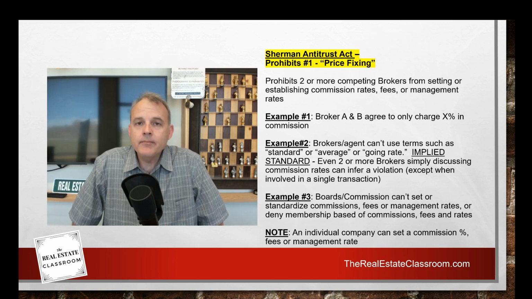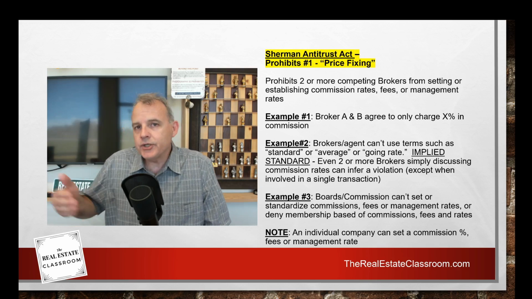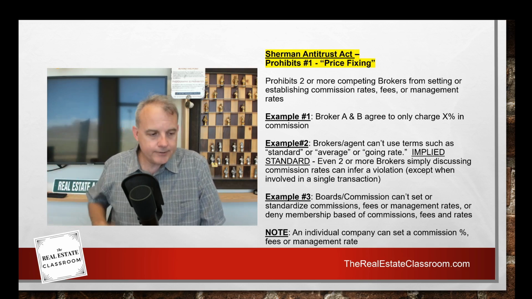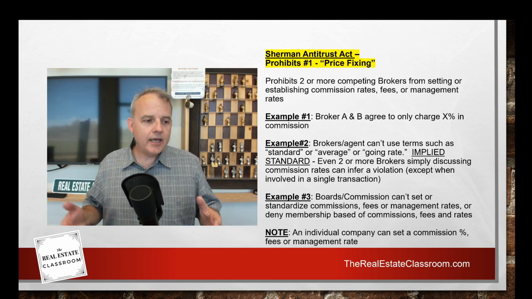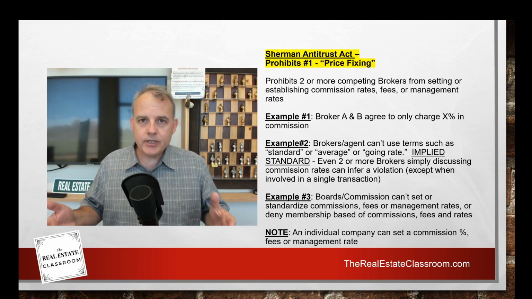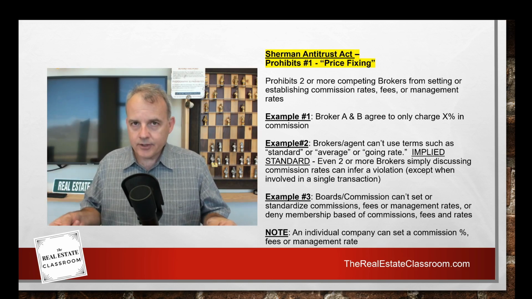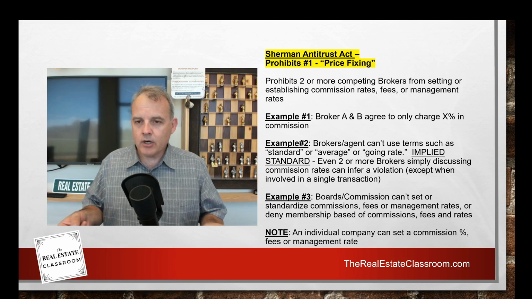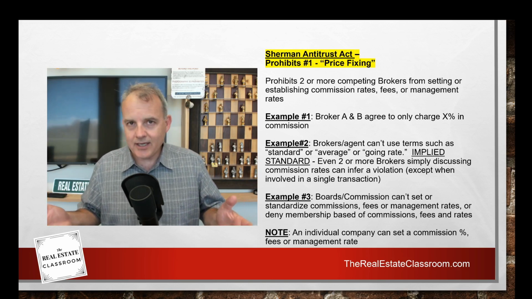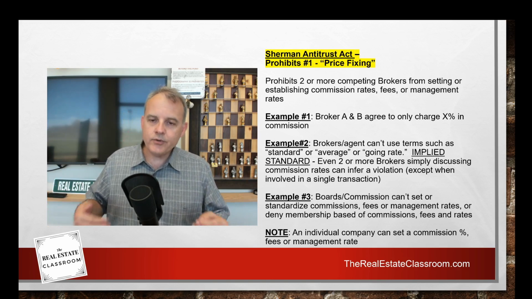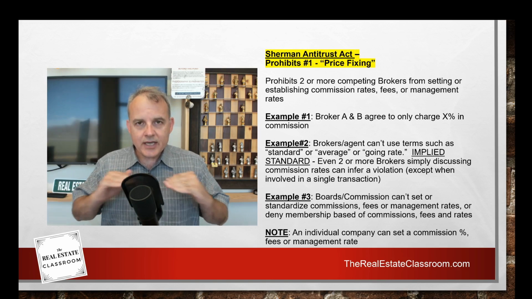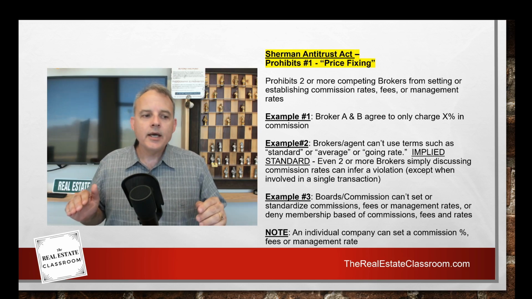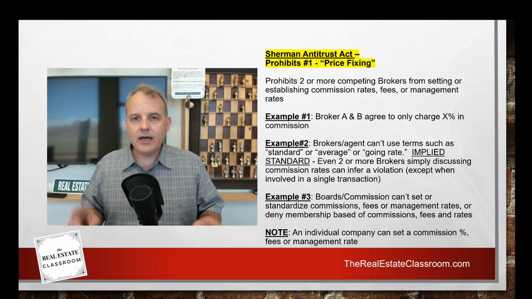And while they're meeting with the seller and they're discussing the commission rate, if that agent uses a term like, hey, the average commission in our area, or the standard commission that real estate agents charge, or the going rate today in our area for commission, those are things that imply that there is a fixed standardized commission rate. That is a violation of antitrust laws, all right?